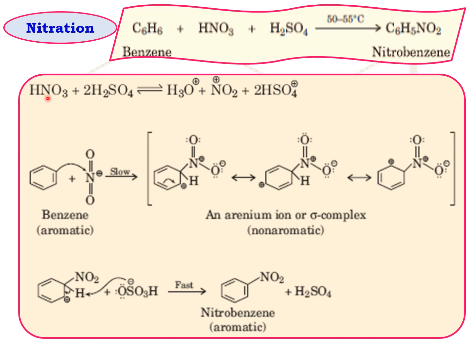When nitric acid reacts with two molecules of sulfuric acid, it leads to the formation of hydronium ion, nitronium ion and an anion also. So with this NO2+ nitronium ion, we are able to synthesize a nitro compound.